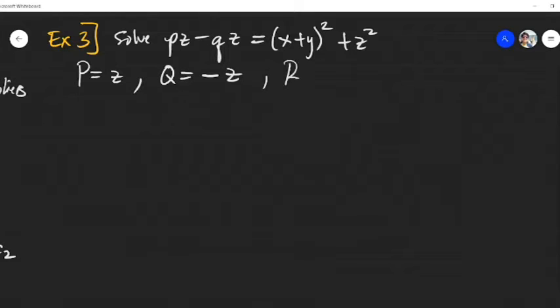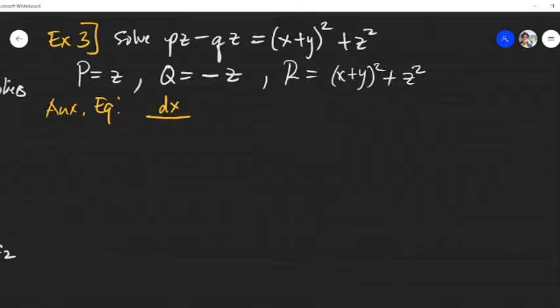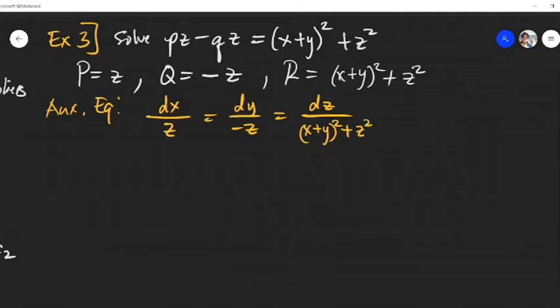And our r is the whole right side, x plus y quantity squared plus z squared. Okay, now let's create our auxiliary equation. We have derivative of x over z equal to derivative of y over negative z is equal to derivative of z over x plus y quantity squared plus z squared.